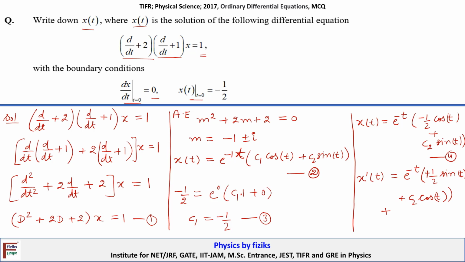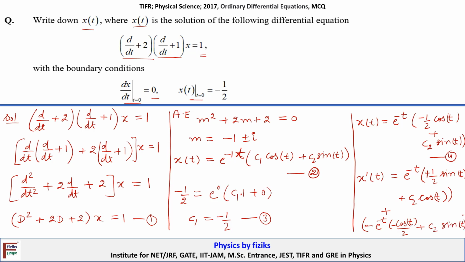And the derivative of the first factor gives -e to the power -t into the second term as before, that is -cos t/2 + c2 sin t.